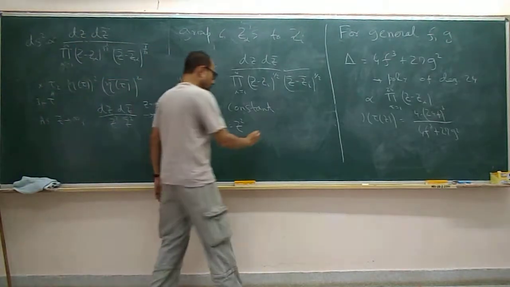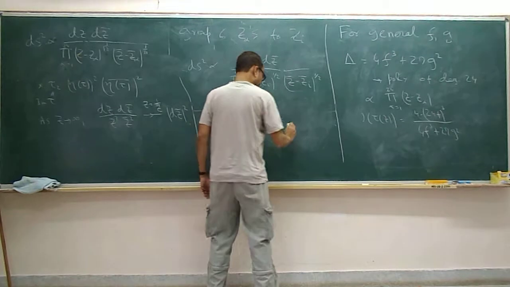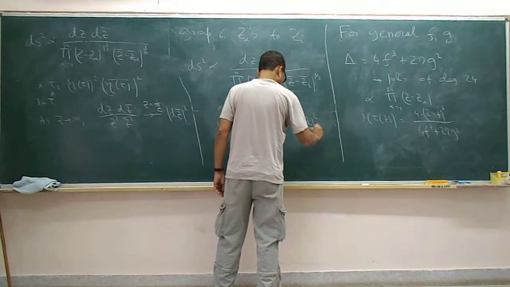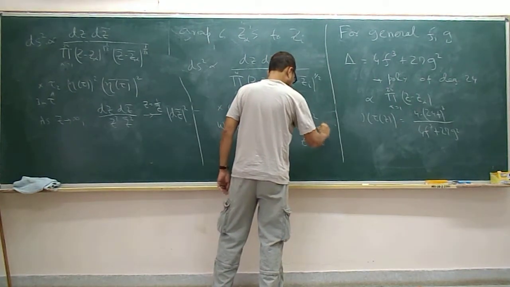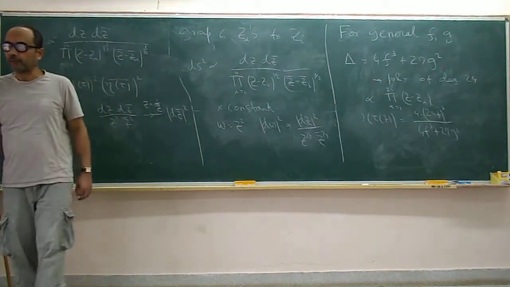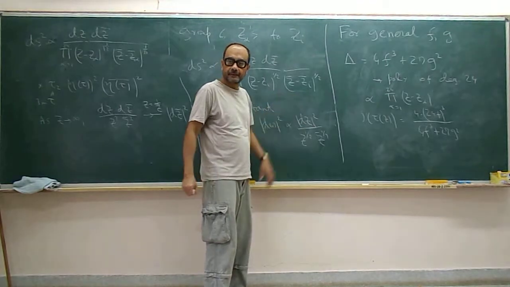So dw mod square basically becomes proportional to dz mod square over z to the half z bar to the half. And then you put together the 6 with the 4 orbifold points to write down this as a metric of the tetrahedron.